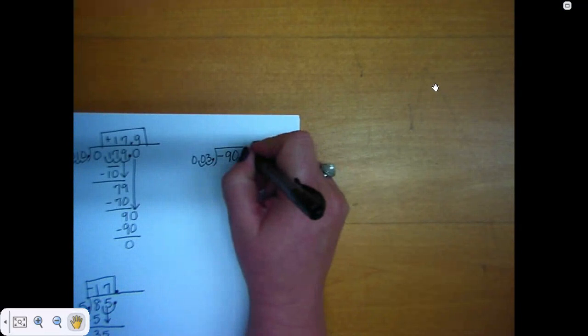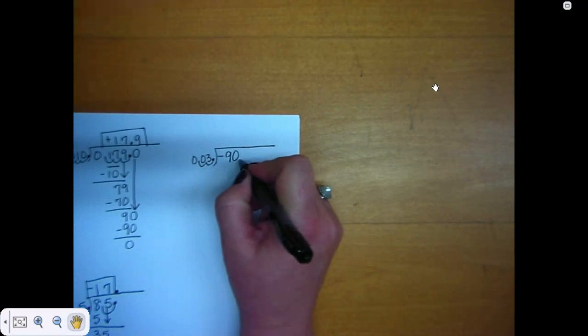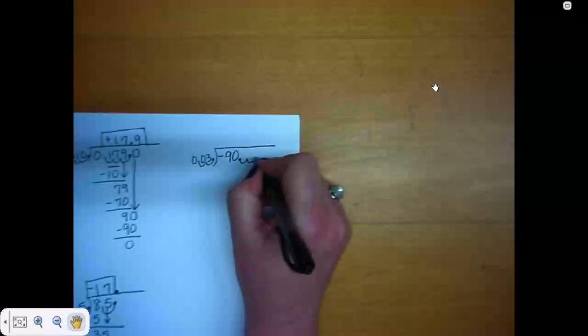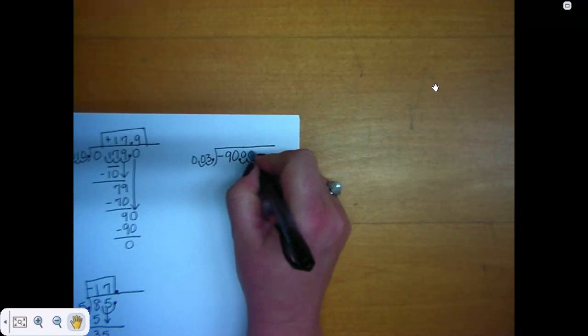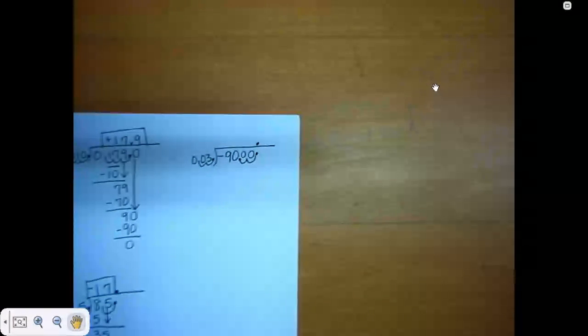So now I have the whole number of 3, and it's positive. Now, what do I do under here? Well, 90 is a whole number. Your decimal would be here. And we still need to move our decimal 2 places. So this would be a 0 and put your decimal here. Go ahead and bring it to the top of your division bar.